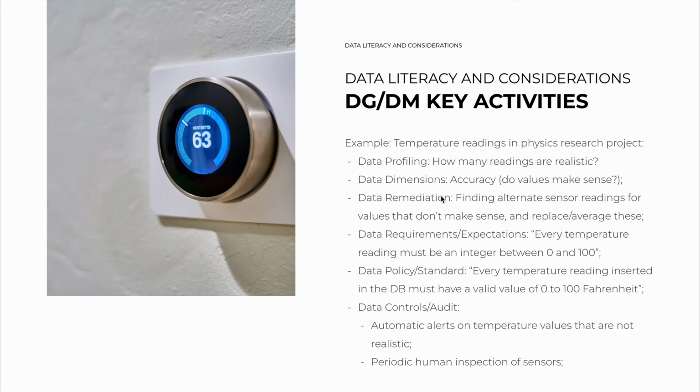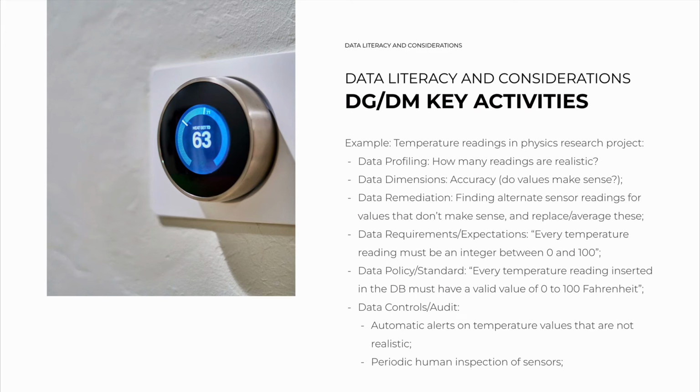Then, data remediation. We can find alternate sensor readings for values that just don't make sense in case we have a secondary data source, for example, and we can replace them or average them or even remove them. For example, a value of minus 100 if there's an error. We'll take a look at this later, but the outlier values don't need to be deleted.